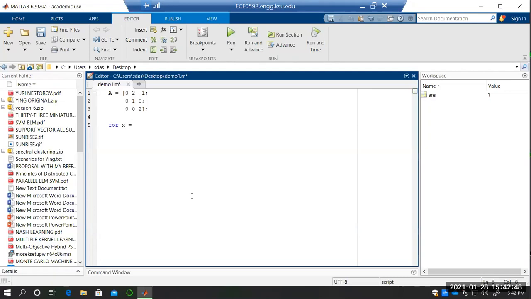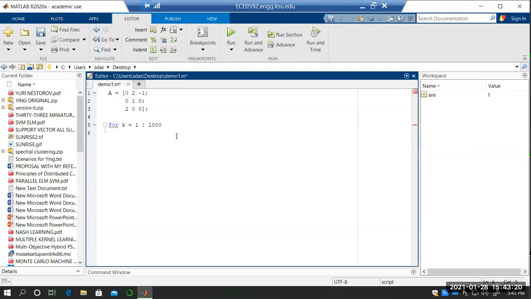We'll generate 100 points. I usually don't use i because i is inbuilt; it's the square root of -1 in MATLAB. So let's use k equals 1. The third row will be 2, 0, 0. And this is rank 3.